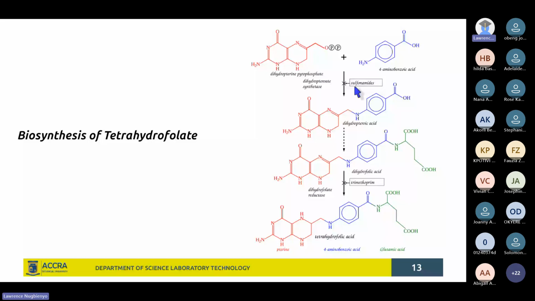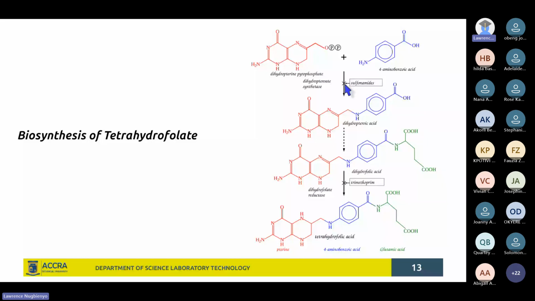See, so sulfonamides are a class of antibiotics, and so it means that sulfonamides inhibit this reaction. They inhibit this first reaction where you have the dihydropterin pyrophosphate and para-aminobenzoic acid conjugating to give you the dihydropteroic acid. Sulfonamides, that class of antibiotics, inhibit that reaction. And that last reaction down there too.